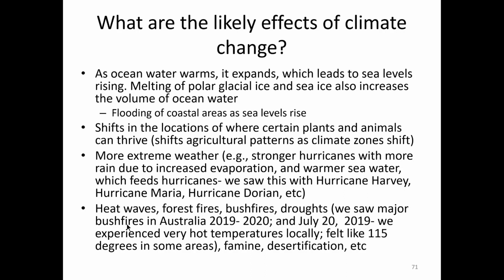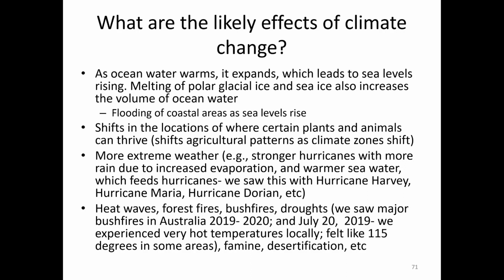Heat waves, forest fires, bushfires, and droughts. For example, we saw major bushfires in Australia in 2019 to 2020, and in July 2019, we experienced very hot temperatures locally where it felt about 115 degrees in some areas of New York and New Jersey.